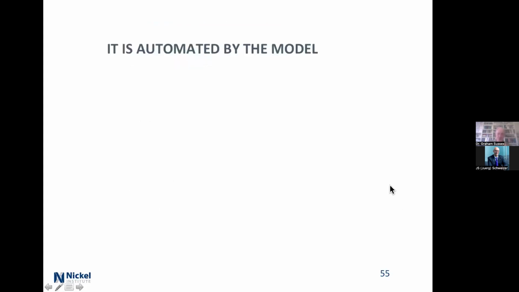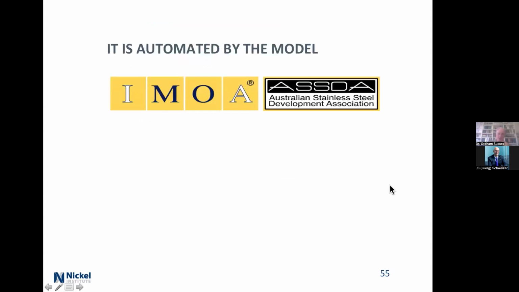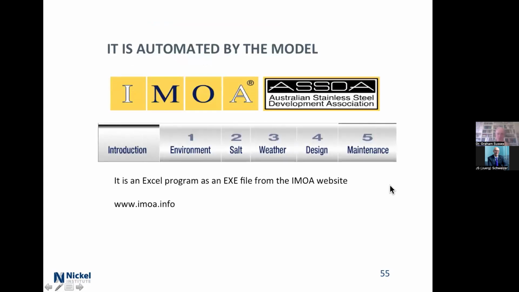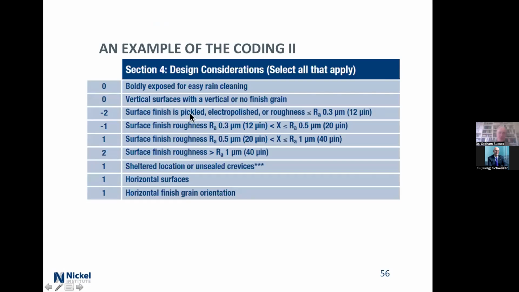And it goes into an Excel spreadsheet, and you put in a bit of instruction, the environment, the salt, the weather, the design, and the maintenance. It's an exe file, so people can't send it to you. You have to actually download it. It's quite useful. And in section 4, design considerations, you just pick out what you were, and you get a number out at the end.